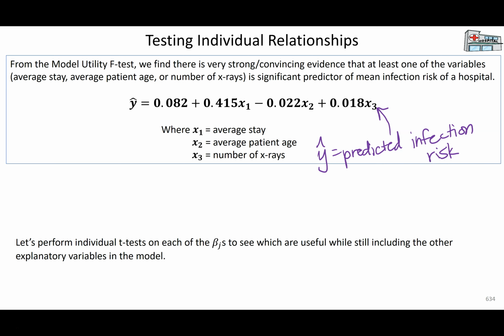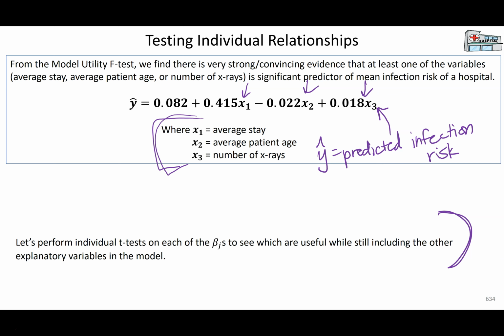And then since we used x1, x2, and x3, you do need to have them labeled. It is very, very important to keep track of this because it's extremely easy to mix things up if you don't. So now we're going to perform the individual t-tests on each of the betas to see, well, which ones are useful.